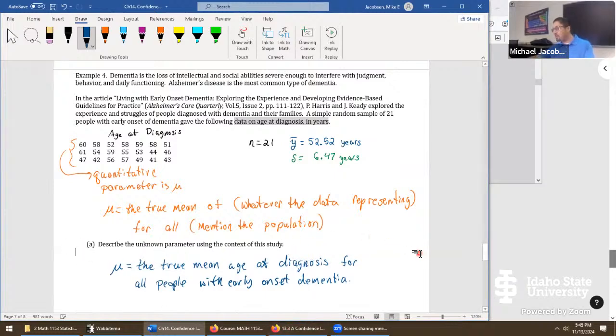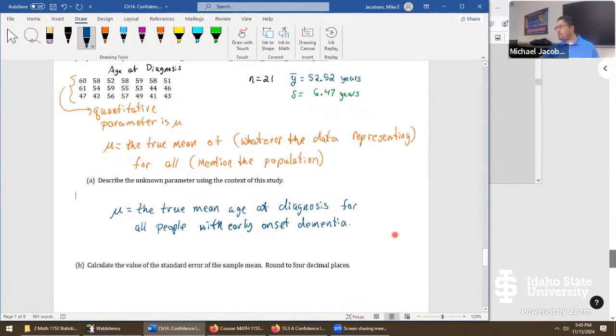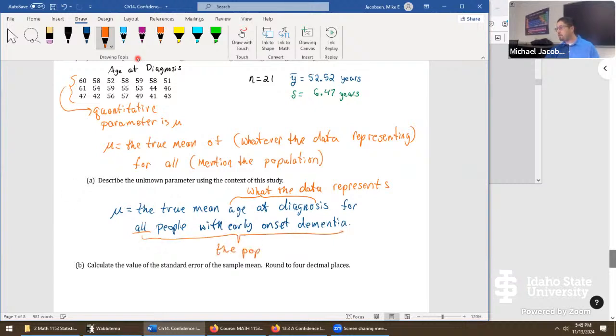But looking at our answers so far, when we said the true mean age at diagnosis, here's where we were saying what the data represents. And then when you mentioned people with early onset dementia, because we said all here, just for the extra emphasis, this is certainly describing the population.